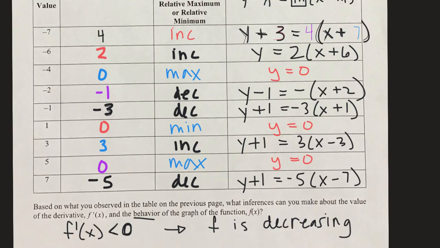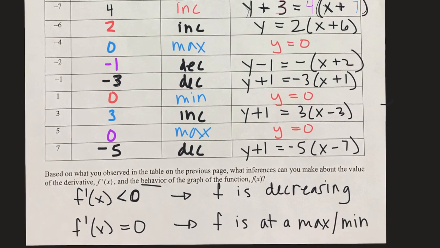What do we notice about equality? Right, so it's at a max or a min. If our slope, if our derivative is 0, then our function is at a maximum or at a minimum.